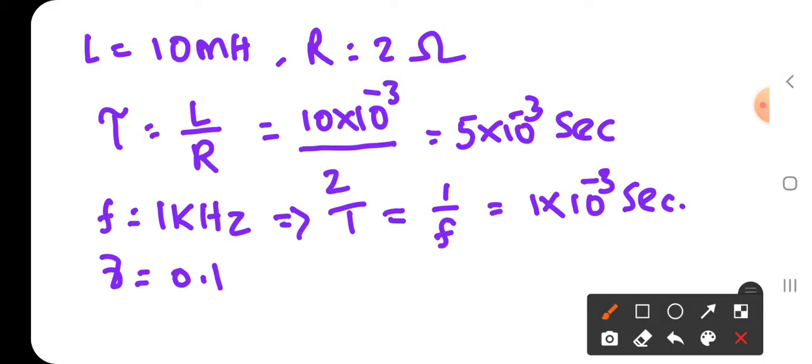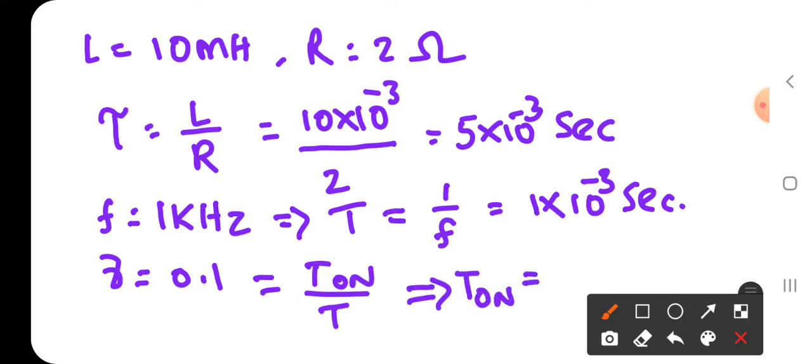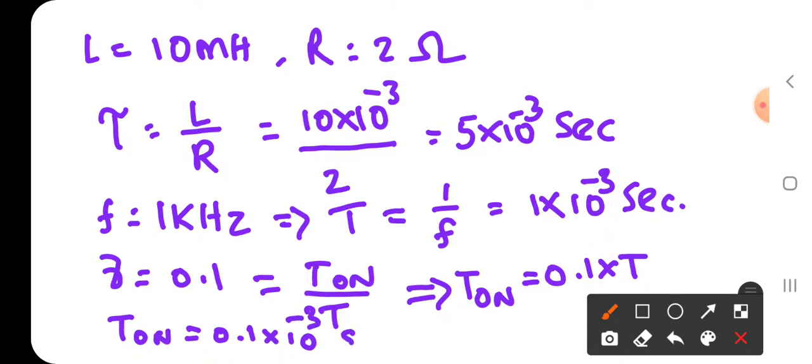Duty ratio is T on by T, and we know T also. Therefore T on is equal to 0.1 into T, that is 0.1 into 10 power minus 3 seconds.